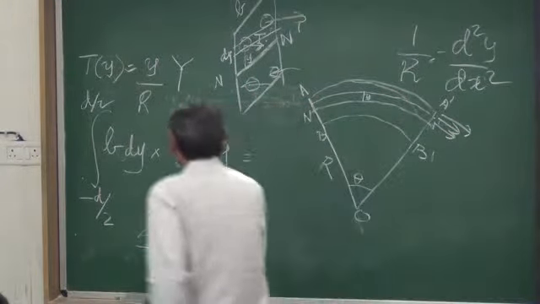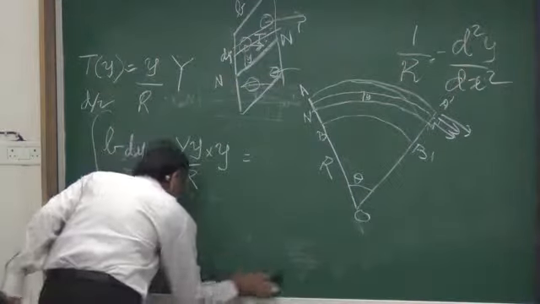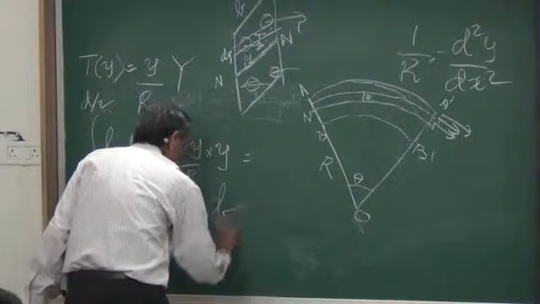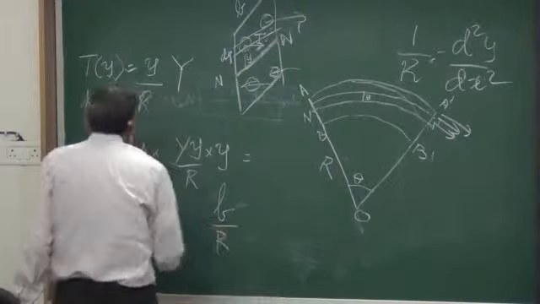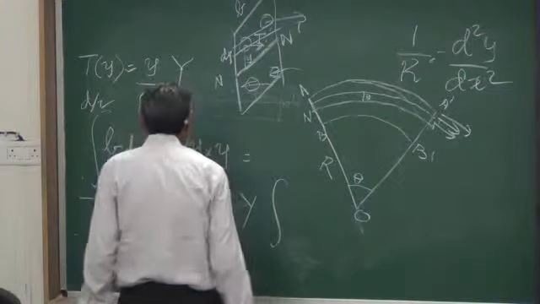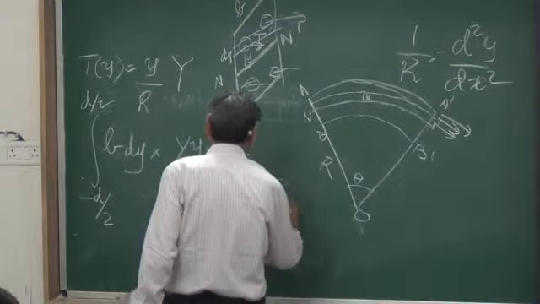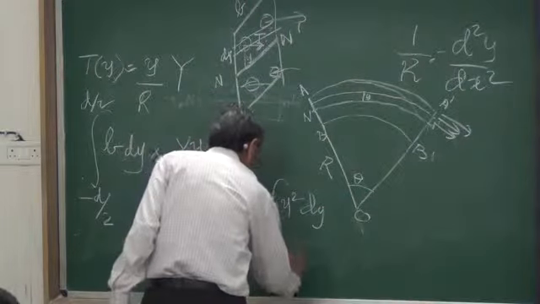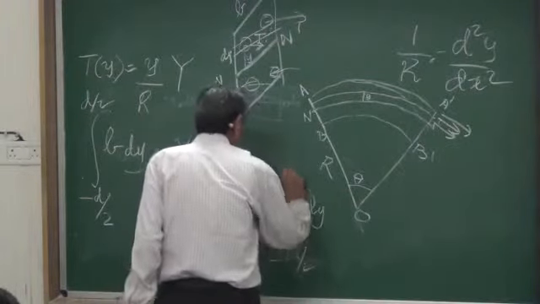Therefore you get B by R into Y into the integral of y square dy from minus d by 2 to plus d by 2.